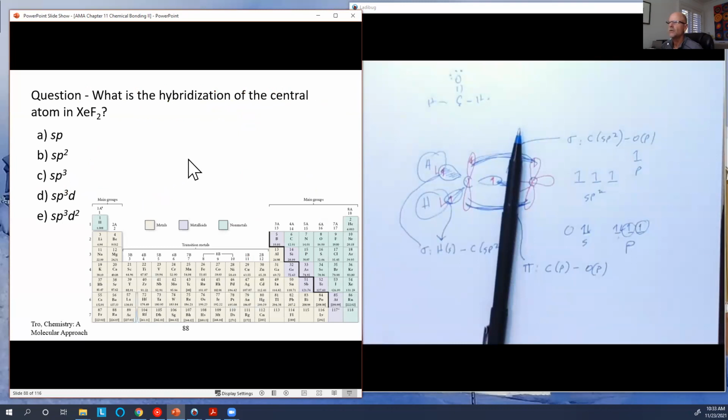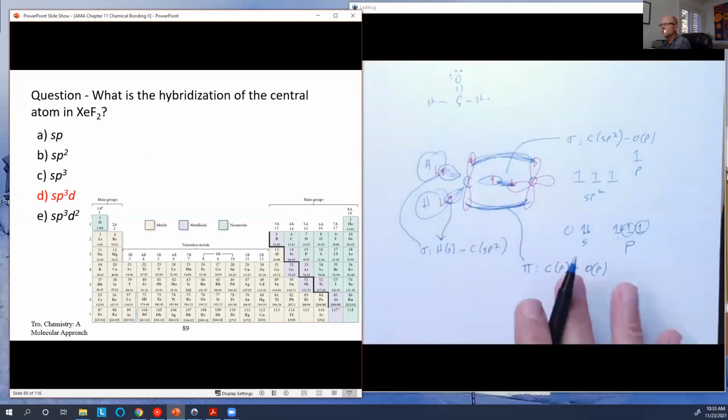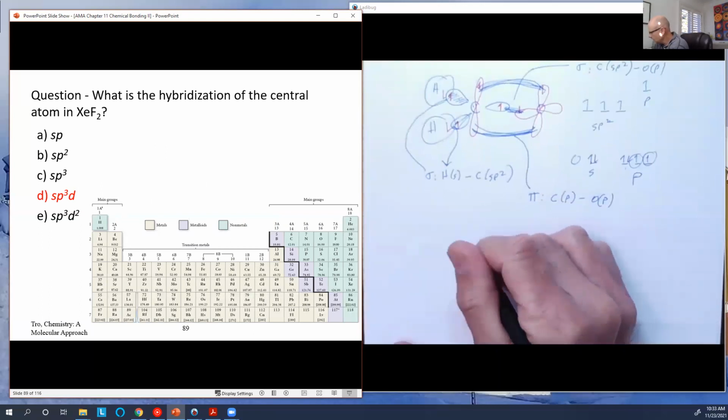All right, let's have you try one. First, write the Lewis structure for xenon difluoride and then determine the hybridization on the xenon. Go ahead and try that. Okay, the correct answer is D, sp3d. Why is that? Because when we draw the Lewis structure for xenon difluoride, it looks like this.